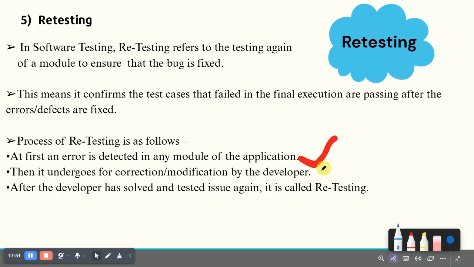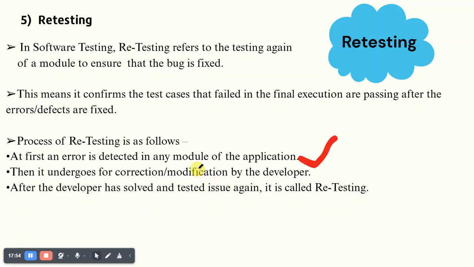We got an error, and the module is nothing but the build or functionality, we can say. Then it undergoes correction and modification by the developer. We move it towards the developer team. After the developer has solved it and the issue is tested again, it is called retesting. Simple, as I said earlier.